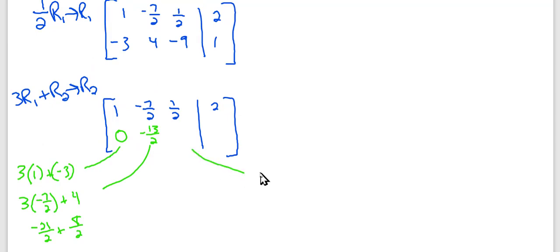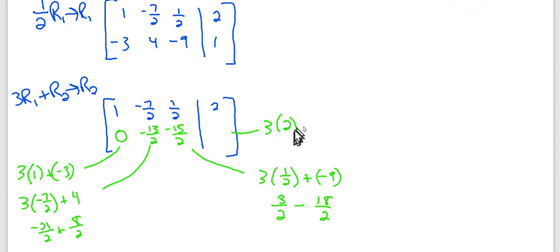For this one, let's do 3 times 1/2 plus the negative 9. That gives me 3/2 minus 18/2, which is negative 15/2. And this one here, 3 times row 1 is 2 plus 1. That's 7.